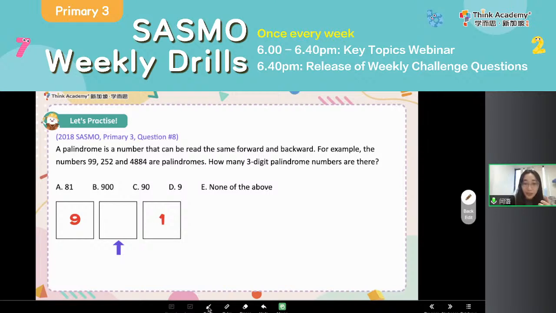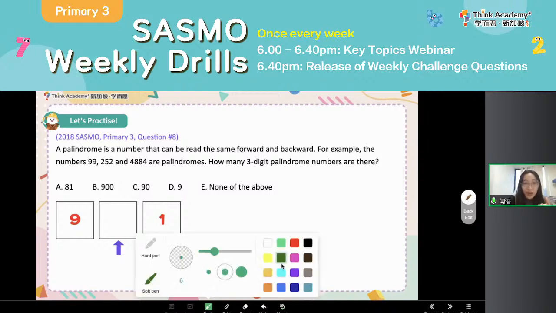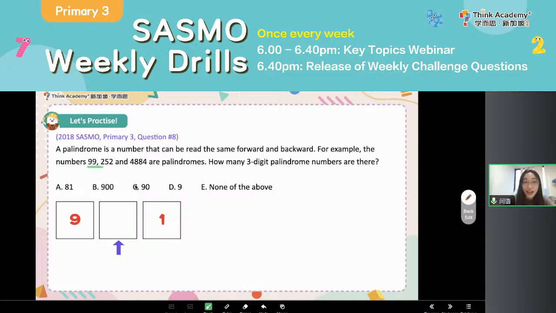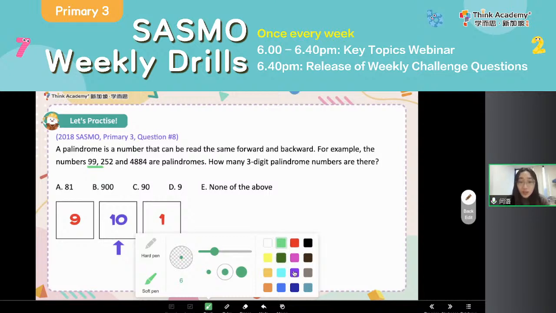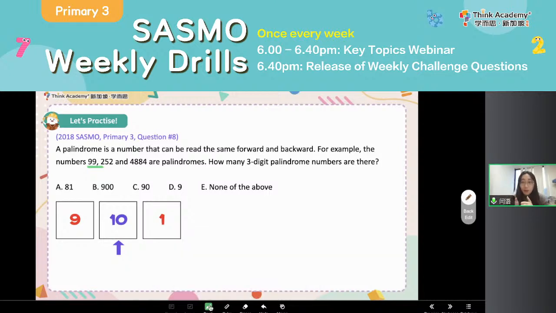Everyone, back to the example. Now you see that you can repeat the digit here. For example, 99 is also a special number here, right? According to the question. Okay. So for the middle one, it should be 10. We have 10 choices. Why? Just now we know that 0 cannot be put in the highest place.